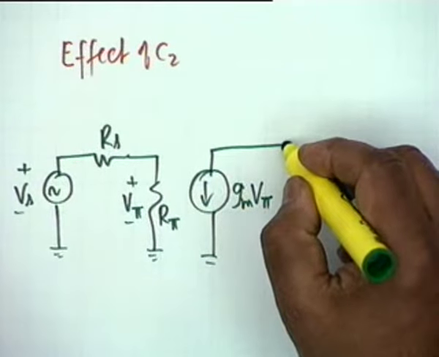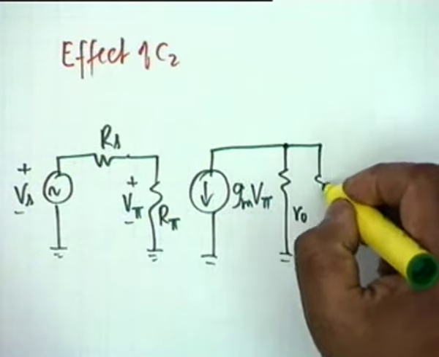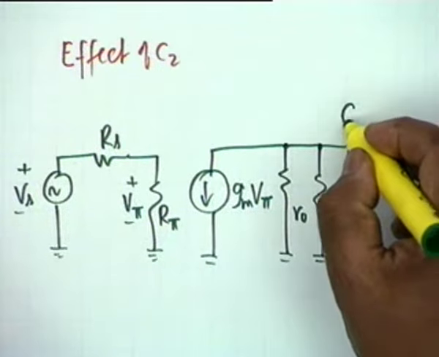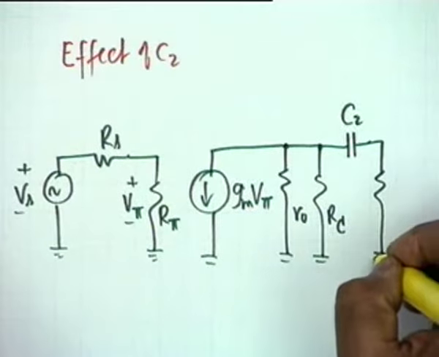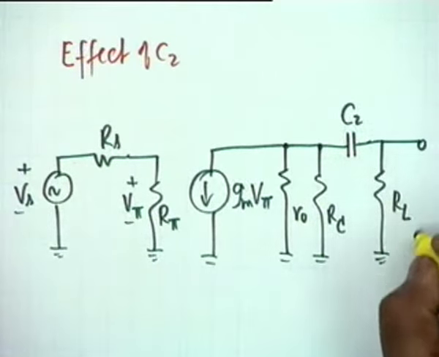Okay, then now you have to be careful, R0, then an RC, now comes C2, and you have an RL. This is V0.